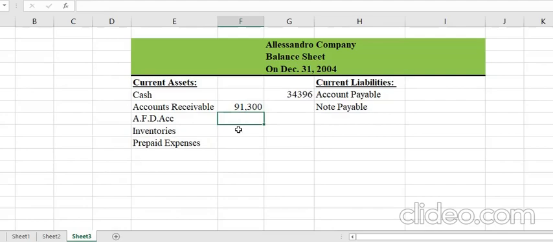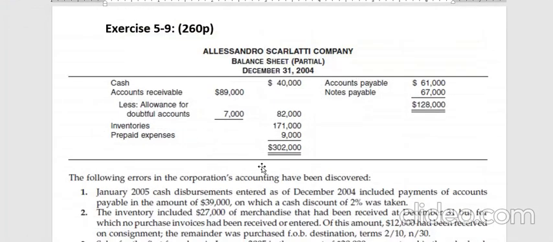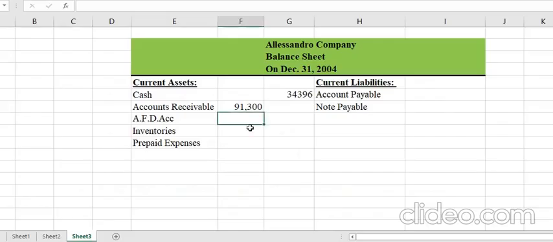Why? Because we also had the allowance for doubtful accounts, which is 7,000. So I will write minus 7,000 here. When you subtract 7,000 from 91,300, we get a value of 84,300.